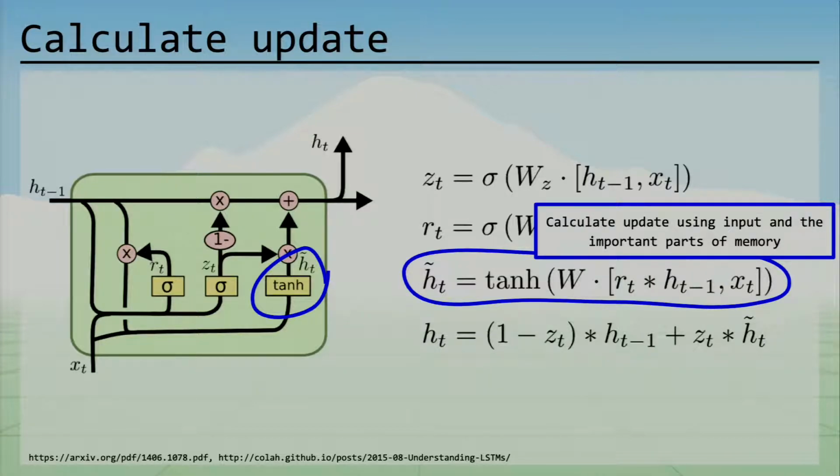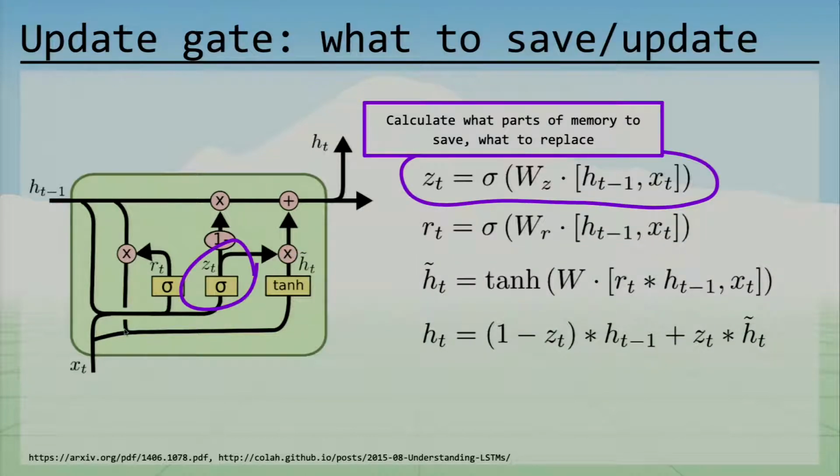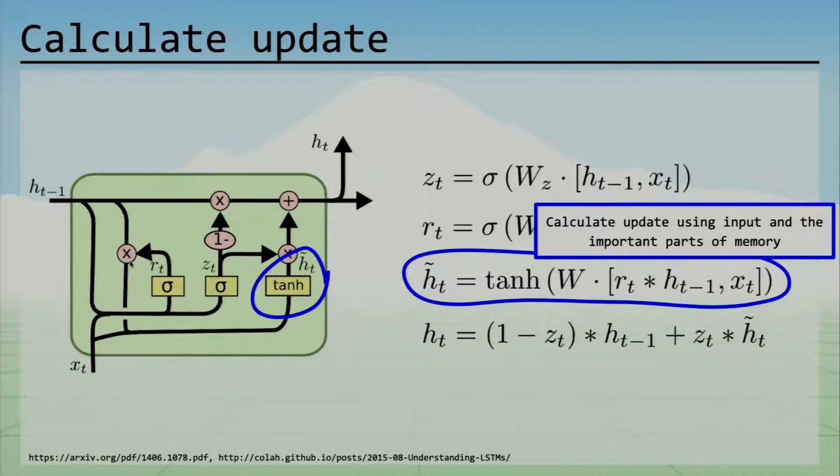The next thing that we're going to do is calculate an update using our input and the important parts of our memory. So we take basically this r sub t, which we just calculated, and do this multiplication with our previous memory. And what's coming through here is just basically the important parts of our memory that we think are important for this current time step. And so we'll use this important part of our memory as well as our input to calculate some update using those two components.